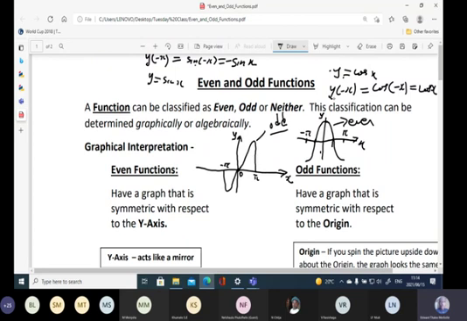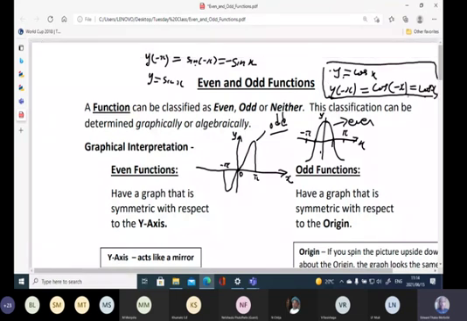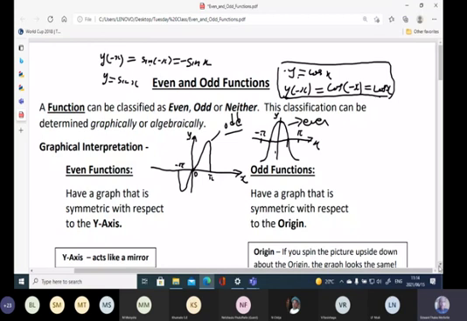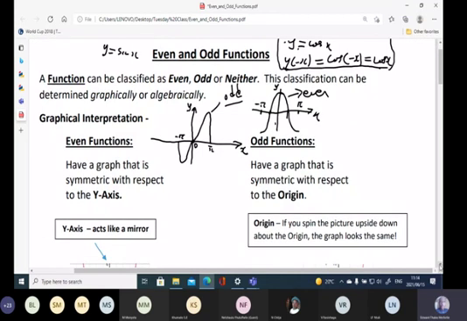So this is another way of testing that the given function is even or odd. This is called algebraic. Okay, now let's go through the document, because the document is clear enough.